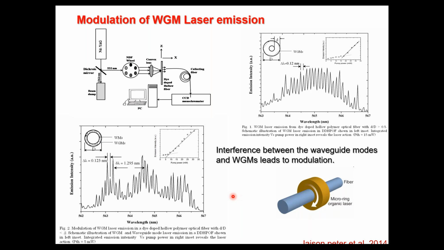One interesting thing to be noticed is that you can have interference between the waveguide modes and the whispering gallery modes. That can lead to some kind of modulation. As we have said earlier, the entire thing depends on the thickness of the film. So this is a cross section of the hollow structure, and if the thickness is more, you have only WGMs, that is the whispering gallery modes, and if the thickness is smaller, you have the usual waveguiding modes.